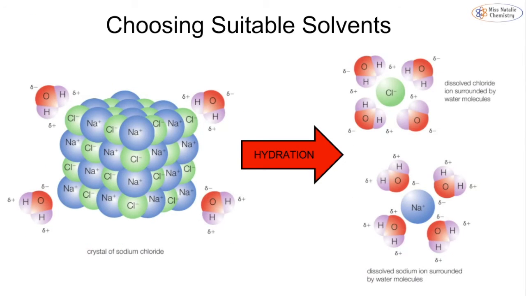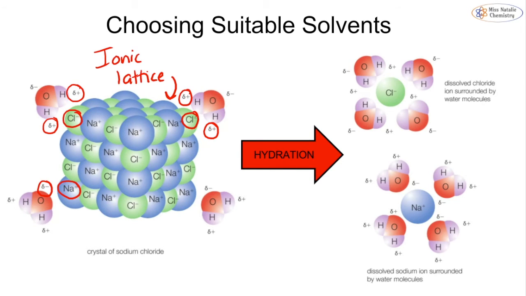Well, you can see here that we've got our ionic lattice, and we have our water molecules. And the water molecules are starting to arrange themselves in a favourable position. So you can see our delta positives are going towards our chloride ions at the top, whereas the delta negative end is going towards the sodium ions at the bottom.